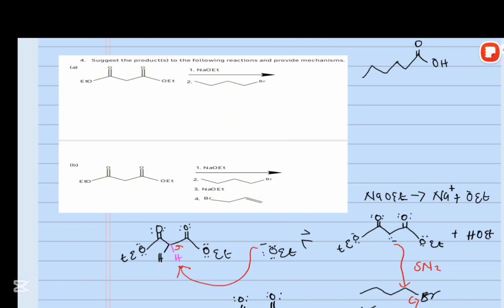So all the hydrogens here, the first one will be replaced by this one, this hydrogen, and this hydrogen will be replaced by the second one. Okay, let me just write the answer so that you can do the mechanism. Don't get confused. This is very simple.